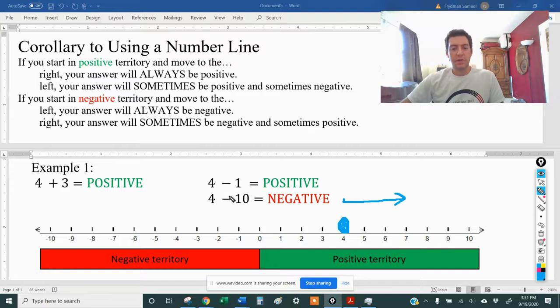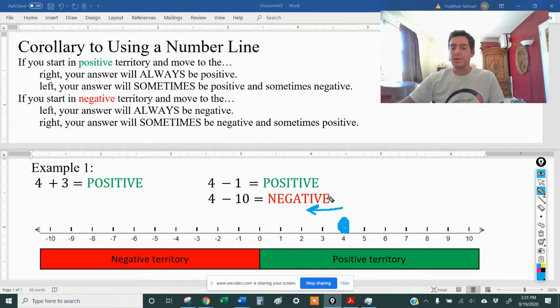Now, what if we again start at positive 4, but this time instead of moving to the right, we move to the left? Well, we might get a positive answer. So for example, 4 minus 1 means we start at 4 and go 1 space to the left, and we end up at positive 3.